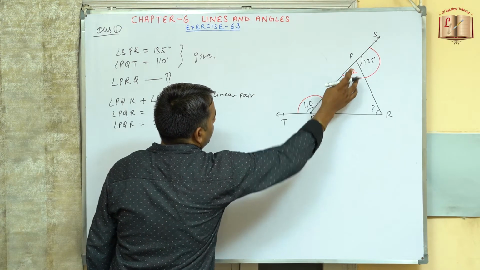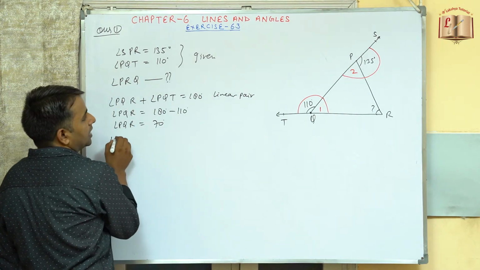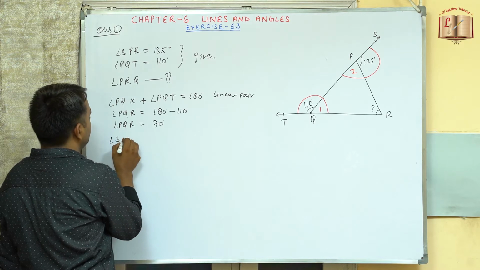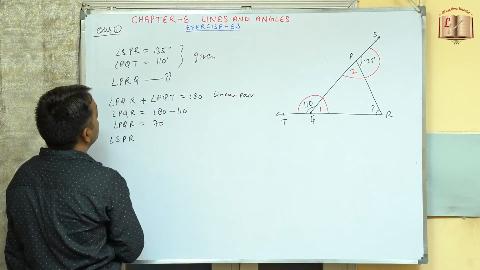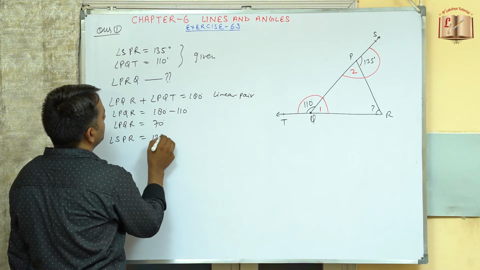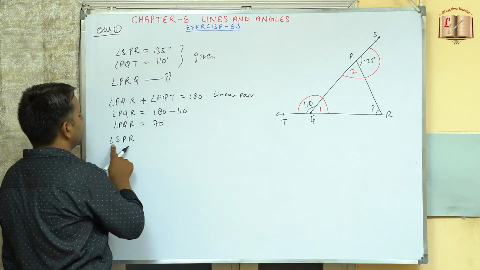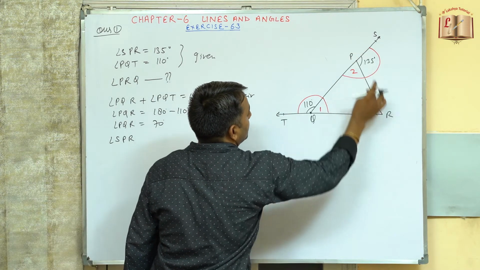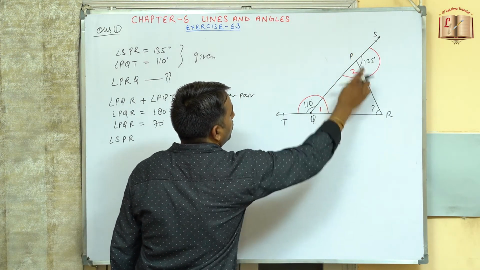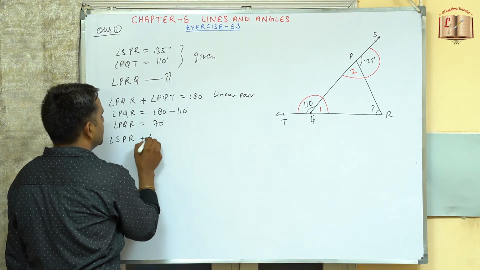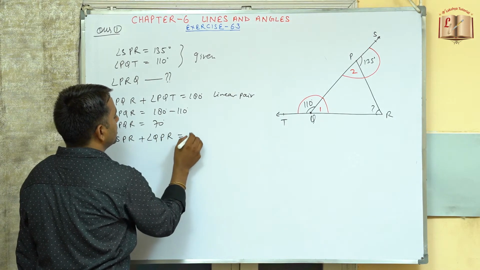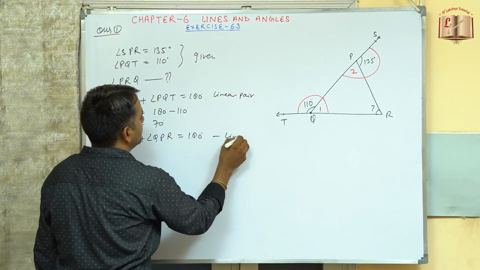Similarly for this we can find out angle SPR. Angle SPR is equal to 135 degrees, so we can write angle SPR plus angle QPR is equal to 180 degrees, again a linear pair.